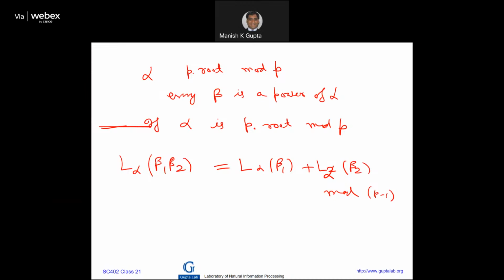That is a condition. So it behaves like the normal definition of log, right? Log of a product of two numbers is the same thing as the sum of logs. I think you can try to prove this easy fact. I leave it to you. It's not very difficult to prove.